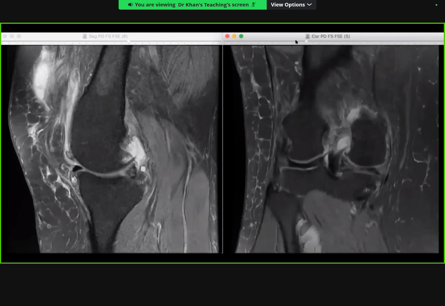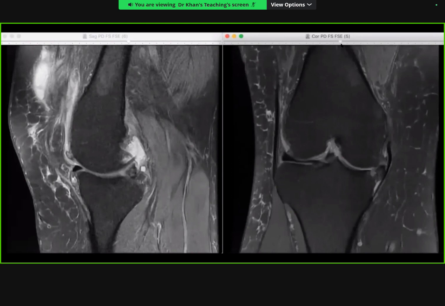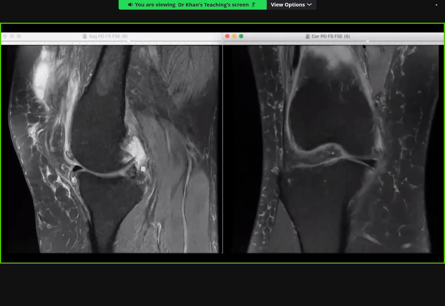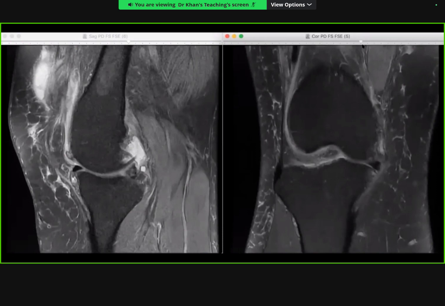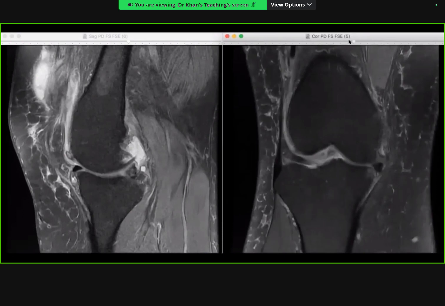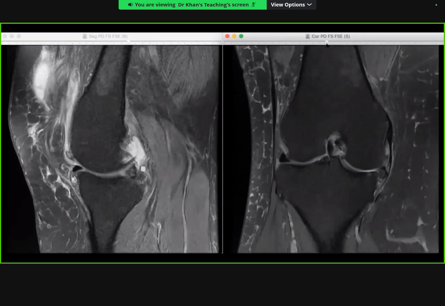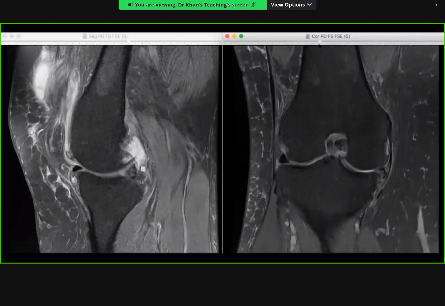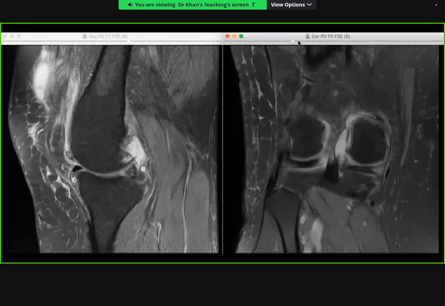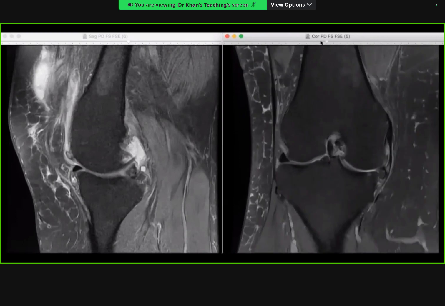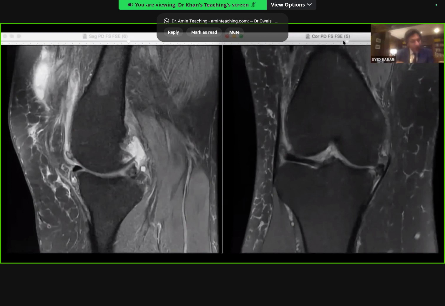And the anterior horn of the medial meniscus is, that's okay. I'm trying to trace it back posteriorly to confirm whether there was a bucket handle injury and to find the displaced fragment, which is usually in the intercondylar notch, but I'm not seeing it. Okay, good.